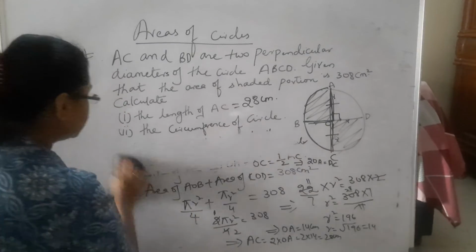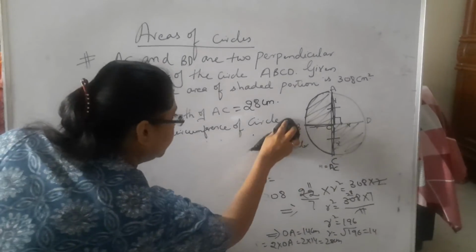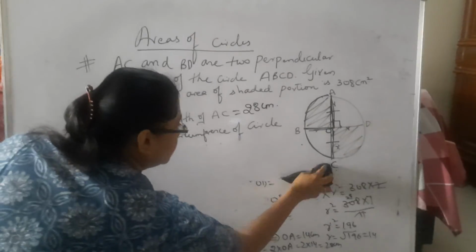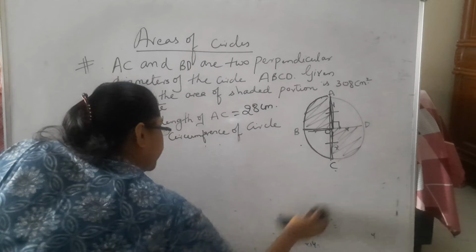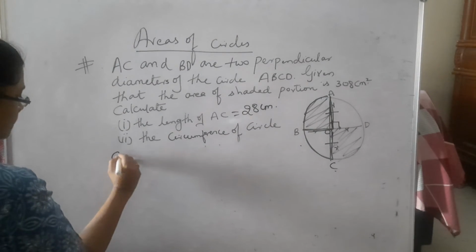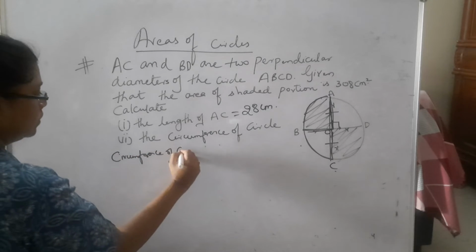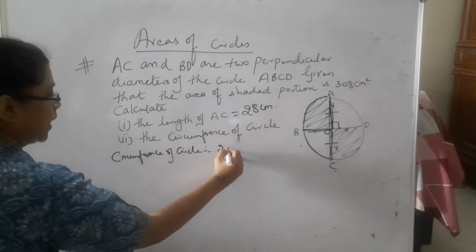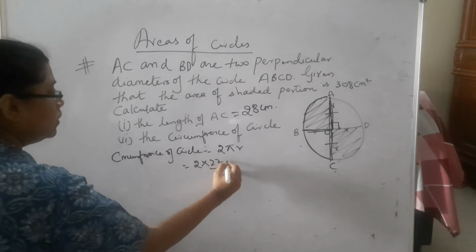What is circumference? Circumference is nothing but the perimeter of the circle that we need to find. We got the radius, so it's very simple to find the circumference of the circle, isn't it? What is the circumference formula? Circumference or perimeter of the circle is 2 pi r. 2 into pi, which is 22 by 7, into r.